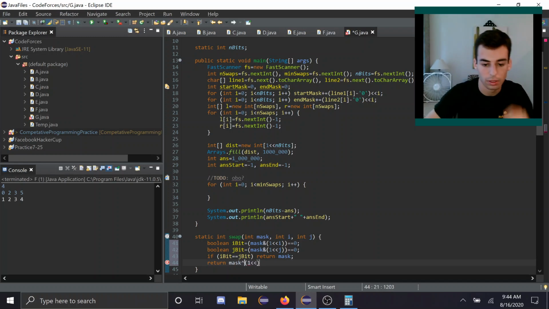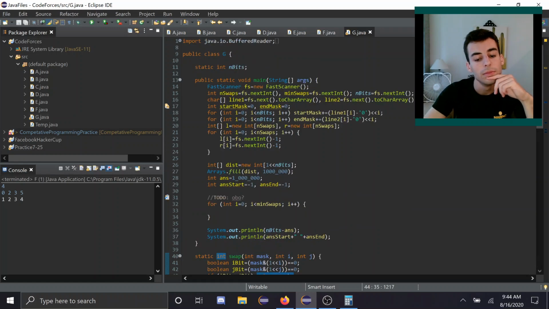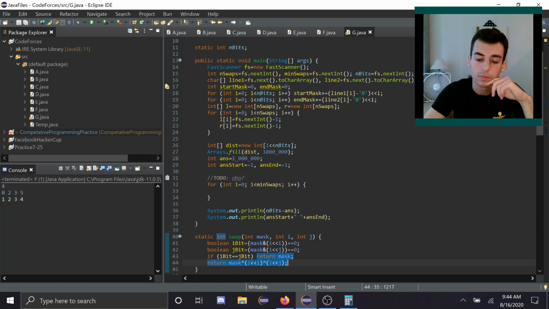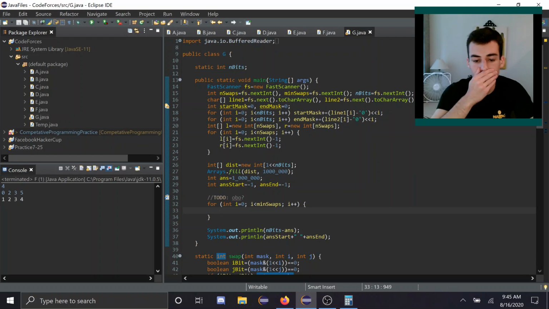Max XOR 1 left shift I, XOR 1 left shift J. So flip this bit, flip that bit. Okay. Swap, I guess start mask, or what are we doing?